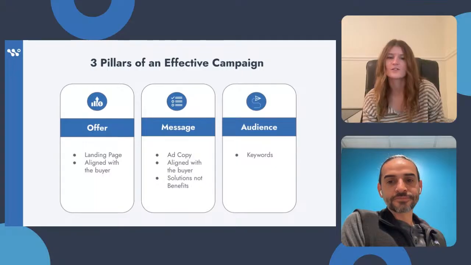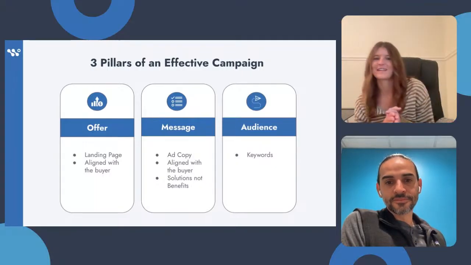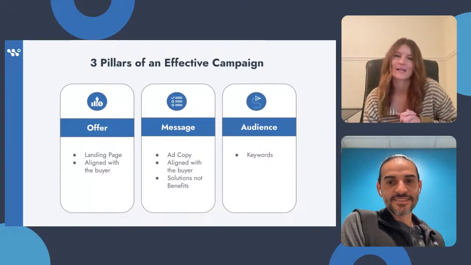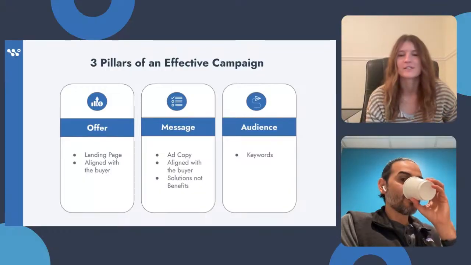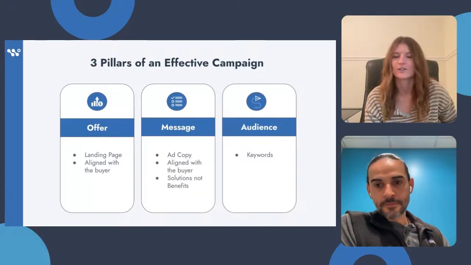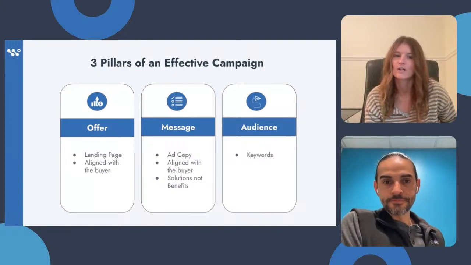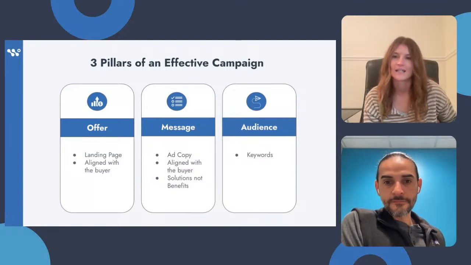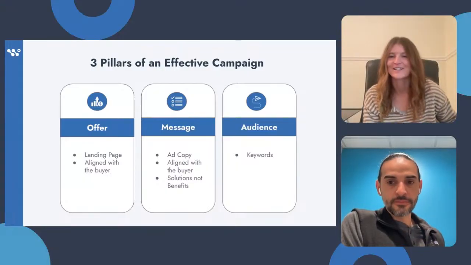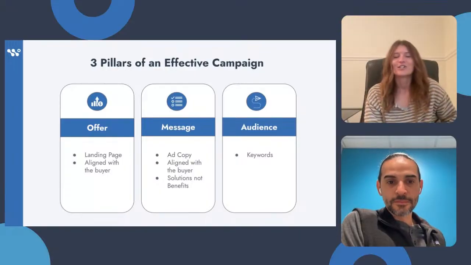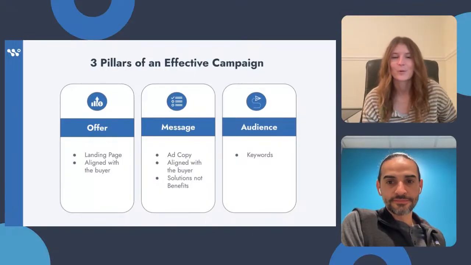Yeah. You also have to align the three pillars. Your campaigns are going to perform best when you're using your keywords in your messaging and in your offer, but you want to do it in a very natural way. It can't just feel like you're keyword sprinkling.